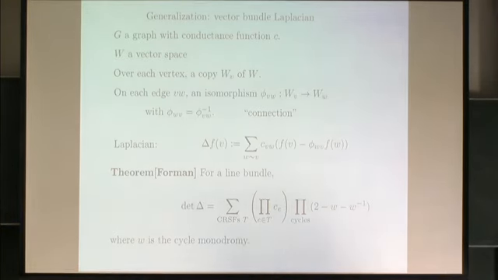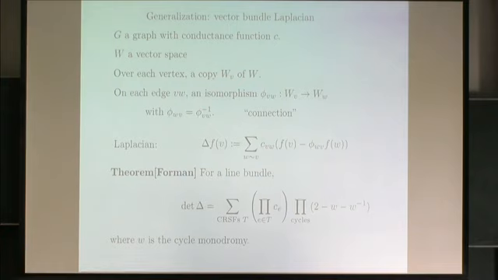So what does that mean? Again, we're going to start with a graph and a positive conductance on each edge. But now we take our favorite vector space W, and over each vertex of the graph, we're going to put a copy of our vector space. Let's call that W sub V over vertex V.